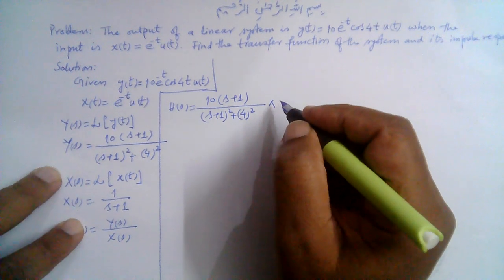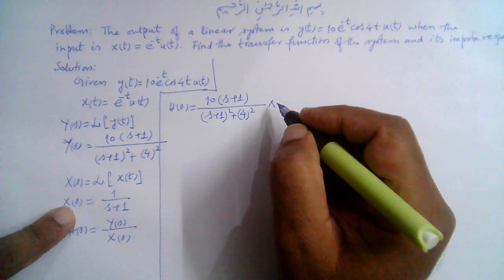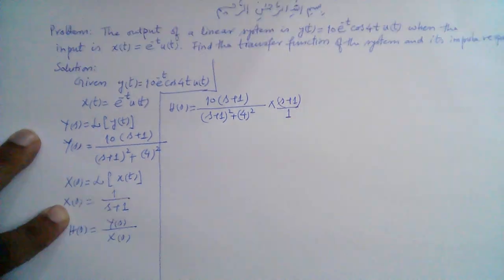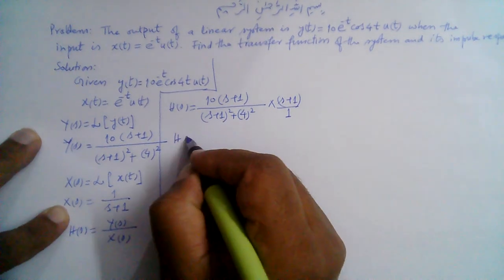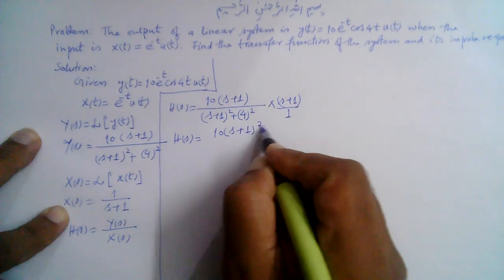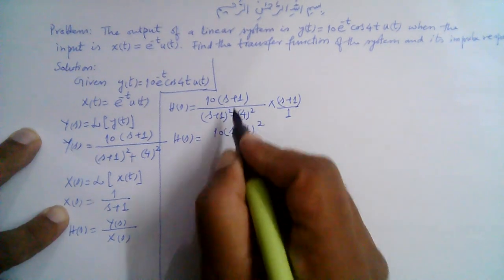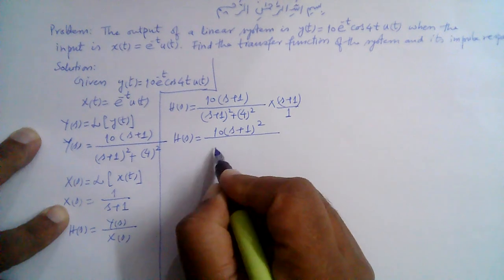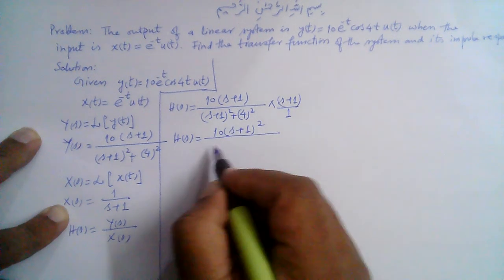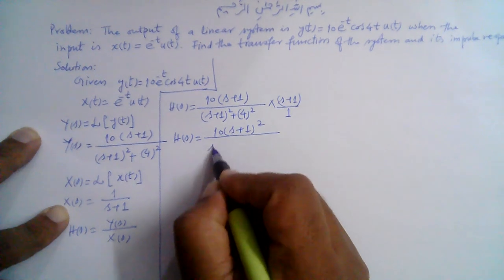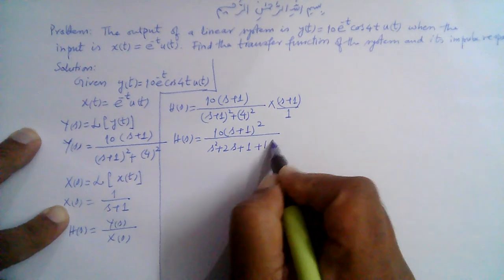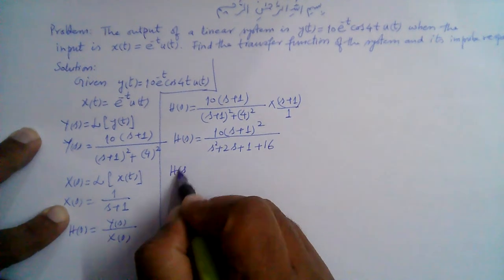So when we divide it with the x of s, this will be s plus 1 over 1, right? So h of s is equal to 10 into s plus 1, this s plus 1 multiplied by this s plus 1, divided by, so let us open this square. So this will be s squared plus 2s plus 1 plus 16.